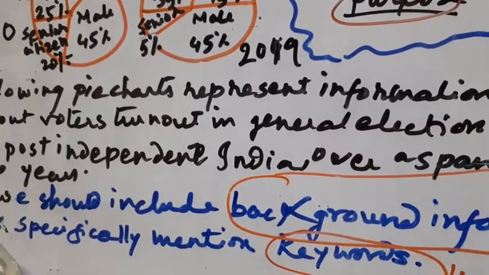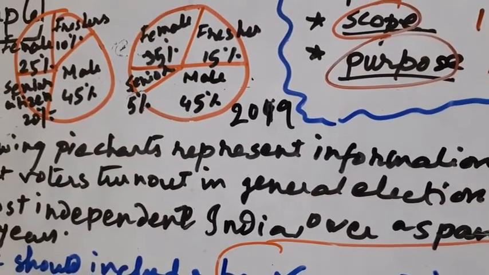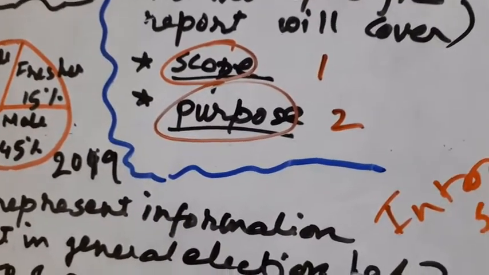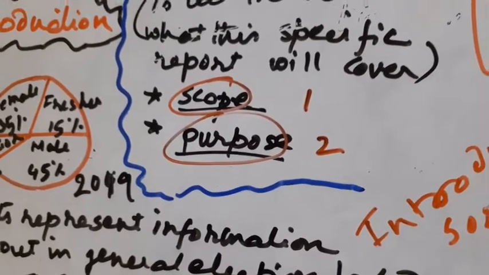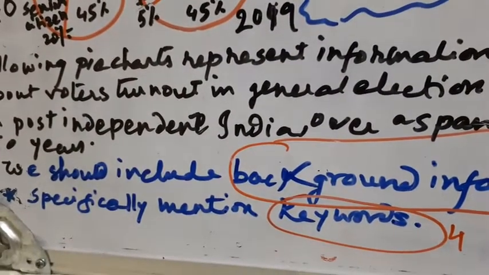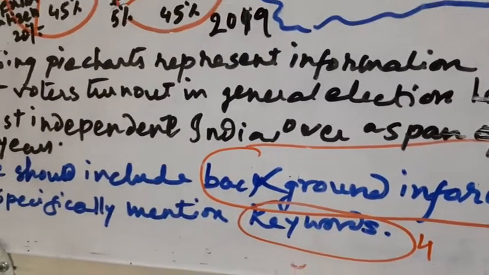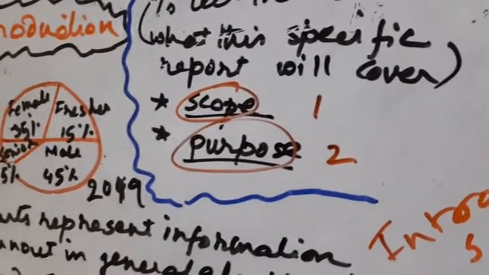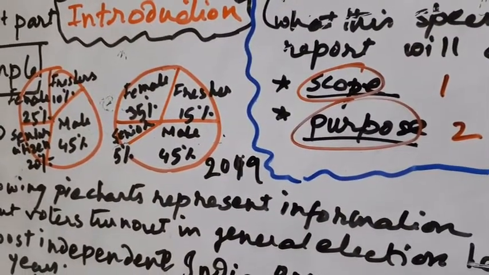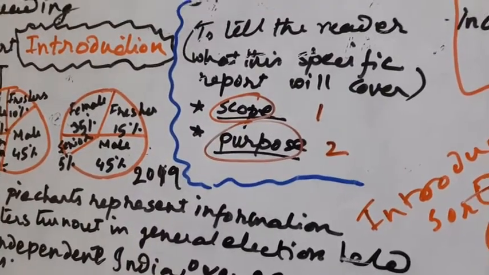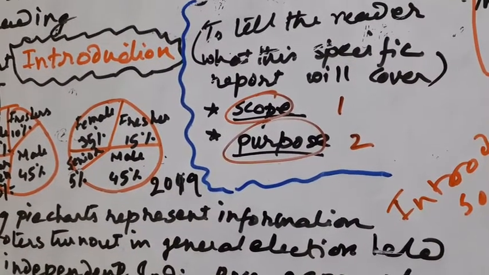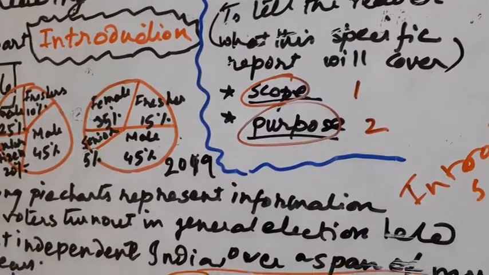So here, which points do we need to cover? In the introduction we will cover the scope, second the purpose, third we should include the background information, and last we should specifically mention keywords. The scope means to which extent, from where to where, the information is provided on which topic or subject.